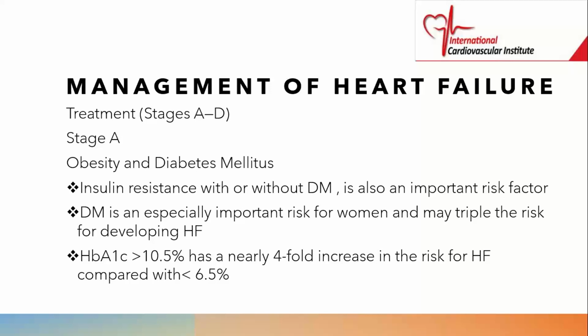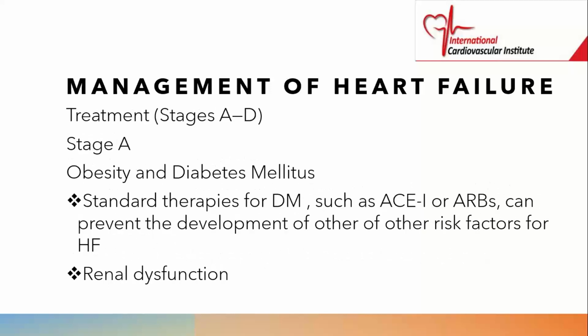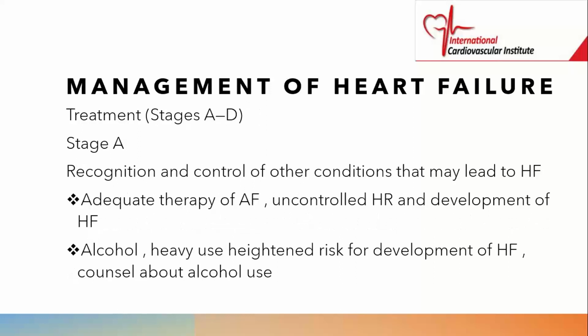So if your sugar is chronically not well controlled, you have an increased risk of developing heart failure. And the standard therapy for diabetes, using medications such as ACE inhibitors or ARBs, can prevent the other risk factors that cause heart failure, such as renal dysfunction. So we're still on stage A heart failure.